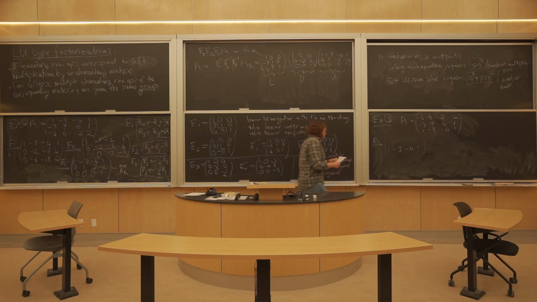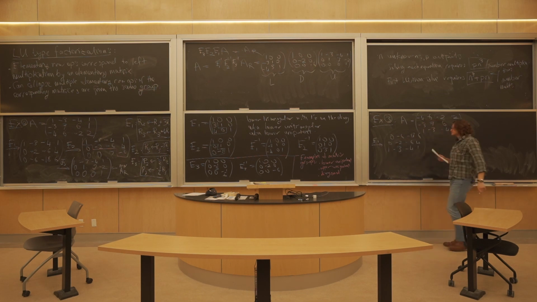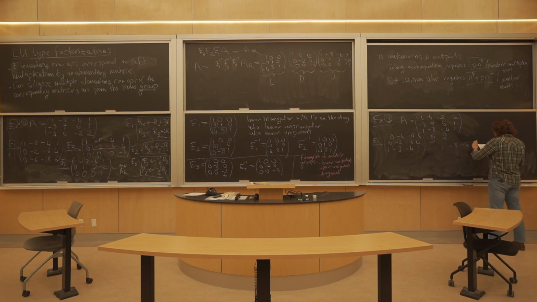Let me not spend a lot of time with those. 0, minus 2, minus 6, 4, 0, minus 6, minus 18, 6. That's 1. And then, likewise, I can take this and get rid of this, for instance. Minus 3, minus 4, 1, minus 2, minus 6, 4, 0, 0, minus 6.